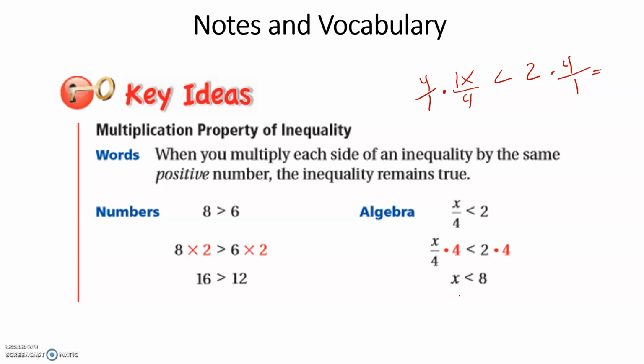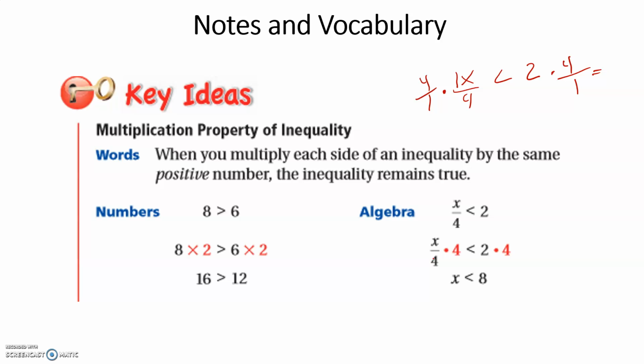We always know there's a 1 next to a variable; we just don't write it. One of the big points of algebra is making problems smaller and more condensed, so we don't need that 1 there. You're really multiplying by the reciprocal.